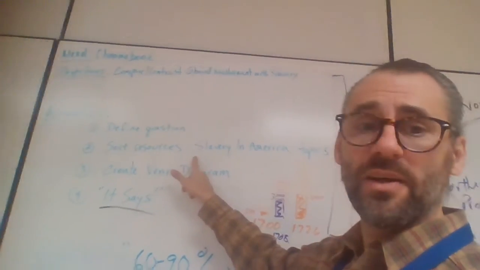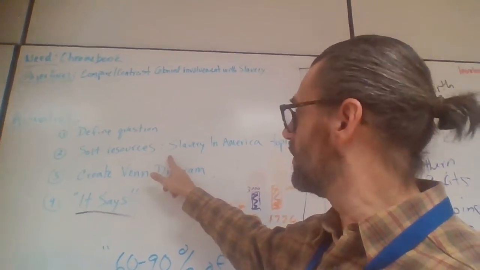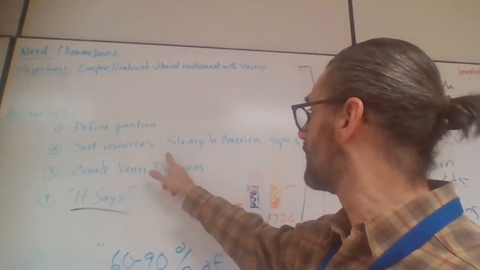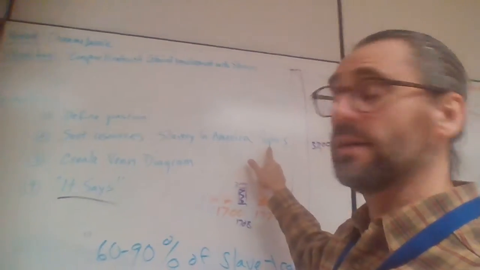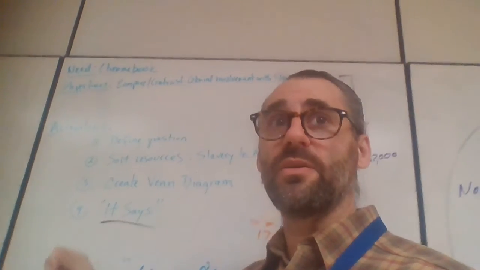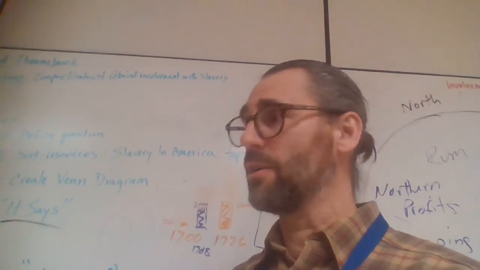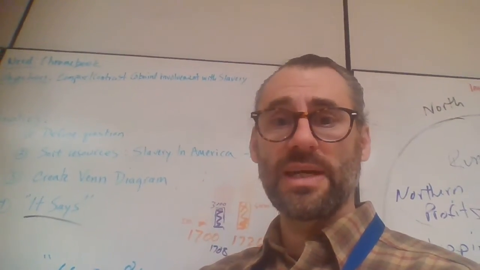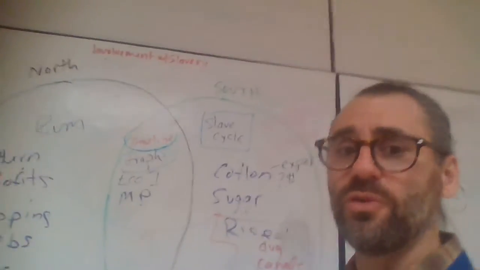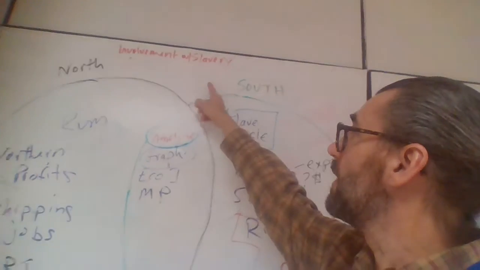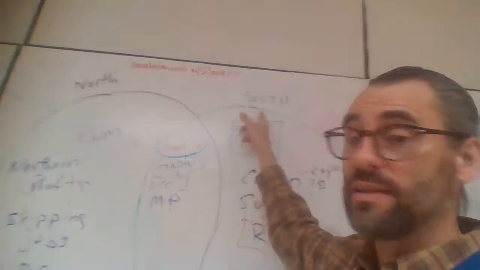The second thing you should be encouraged to do is to sort some of the resources in Slavery in America. What I've done for you is included a Venn diagram. If you're in class, we've got the paper one we're using. And here's some examples from students for involvement with slavery for the North and the South.